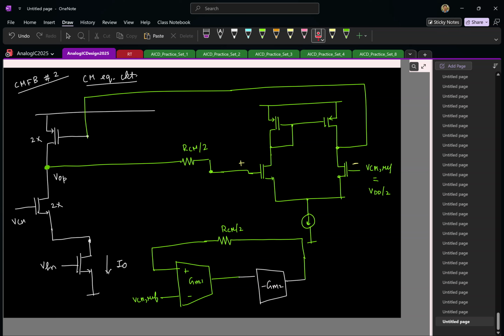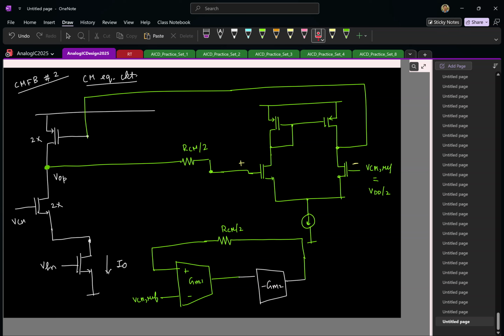But now, from your experience, you tell me: I have a two-stage OTA. I am directly putting in negative feedback. So is it okay? Again, with a two-stage OTA, the moment I put in feedback, stability is not guaranteed. Correct? So I have to stabilize it. What is the simplest way to stabilize? I can use Miller compensation.